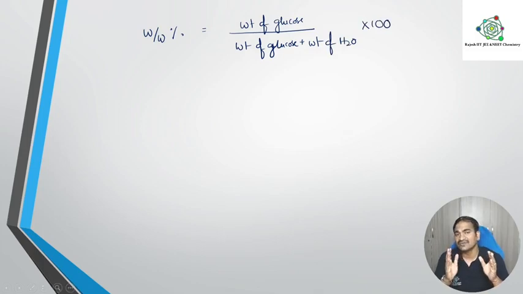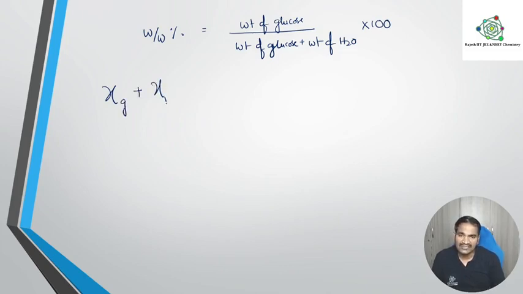For that, they gave certain data: the mole fractions of both glucose and water are equal. If a solution contains two components, the sum of the mole fractions is unity. So the mole fraction of each is 0.5.